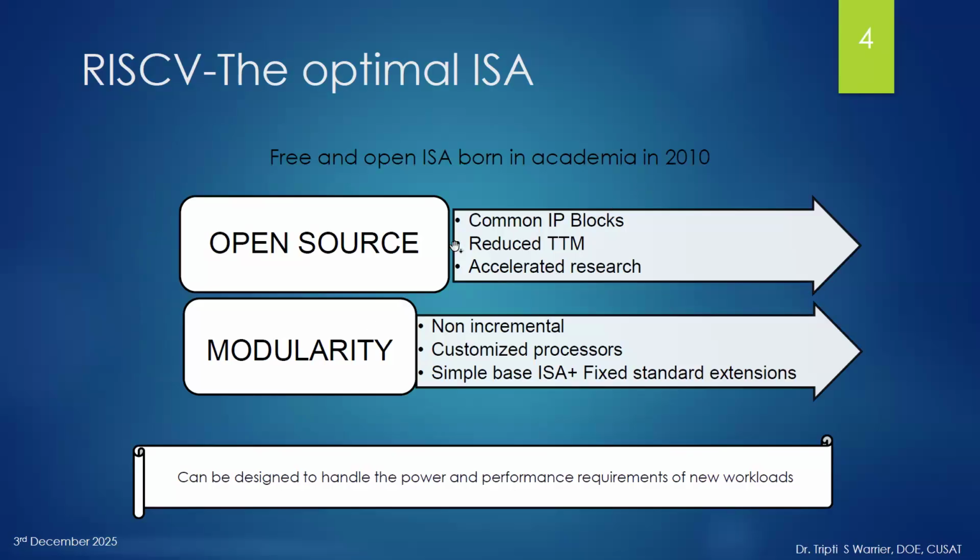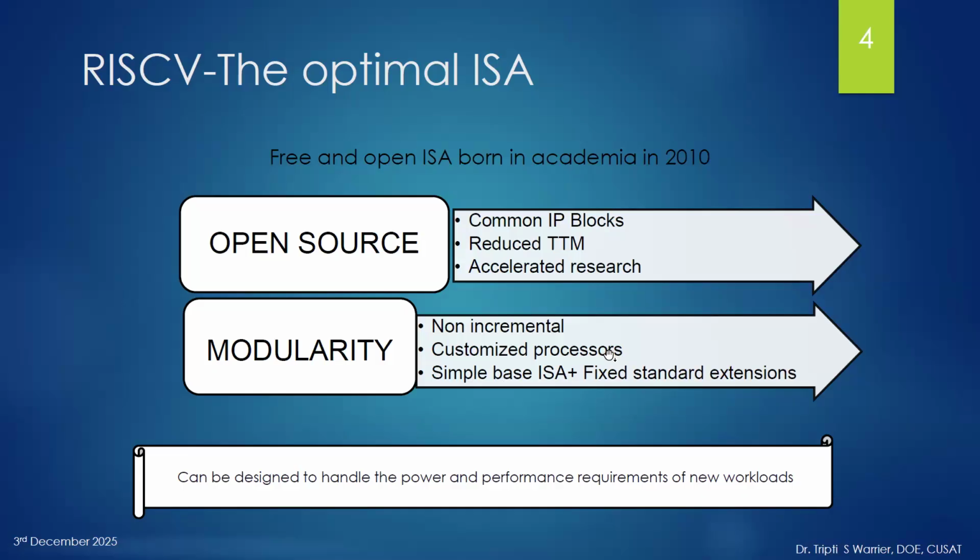Other than that, the ISA is modular in nature. You can continue to add instructions and customize the processor for a specific application. Generally, there will be a base ISA, and then fixed standard extensions are also defined.